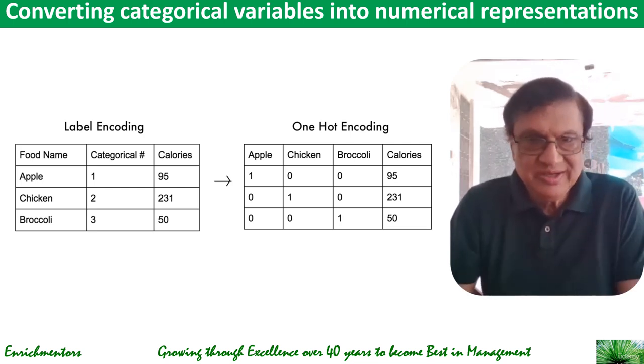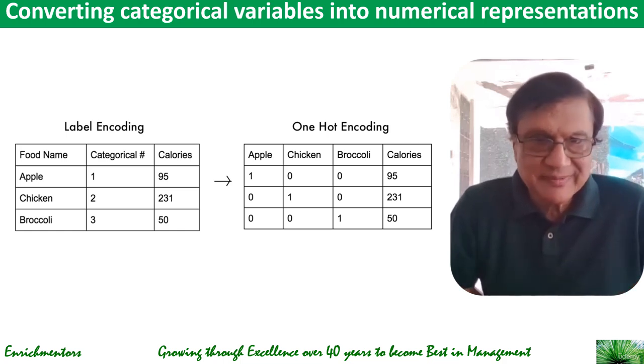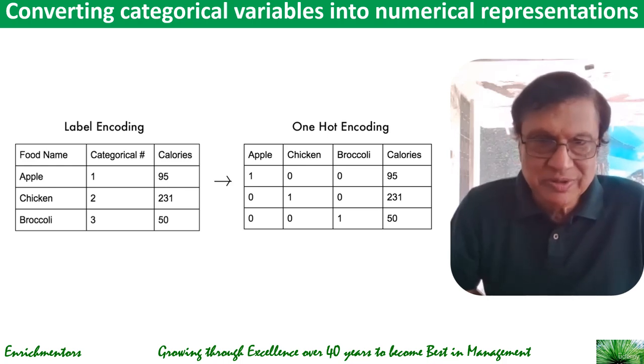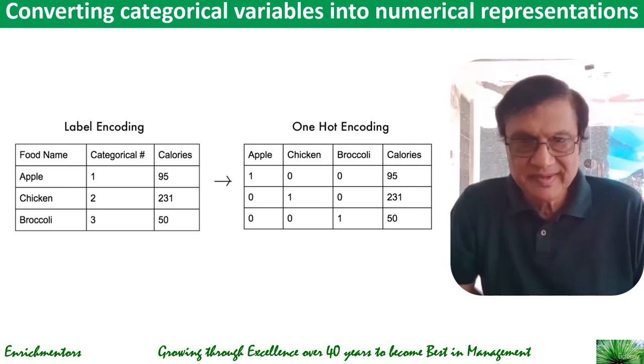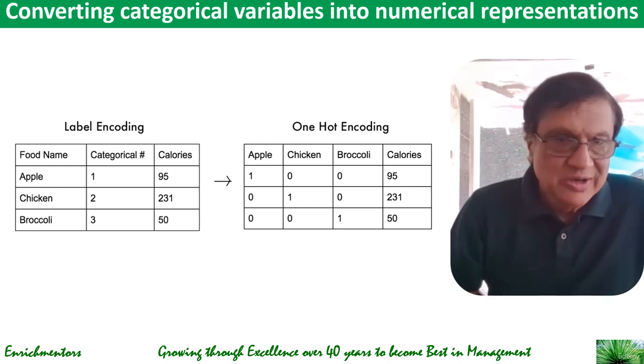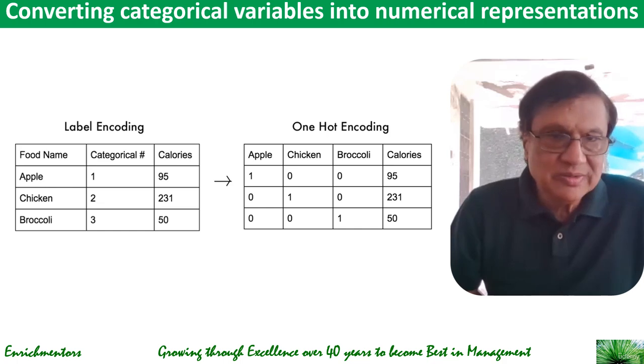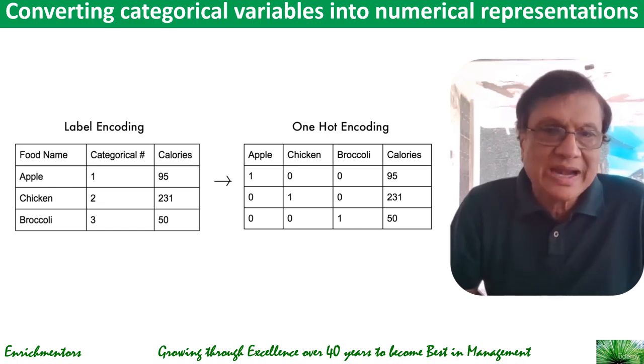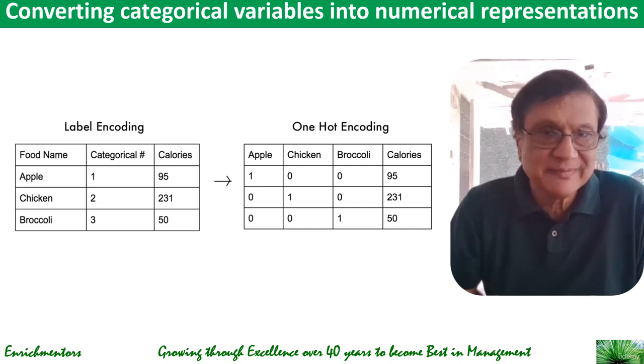So you see here, if there are three categories like apple, broccoli and carrot, then in one-hot coding, we have given them 100, 010 and 001, and the values of those are 95, 230, 150. Whereas in label coding, you give the category labels like 1, 2 and 3. It's as simple as that.